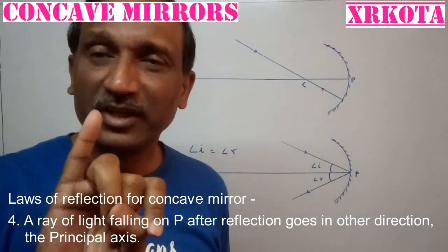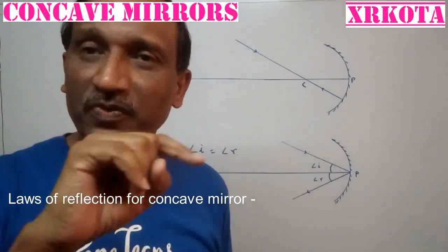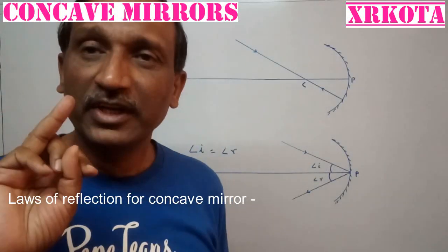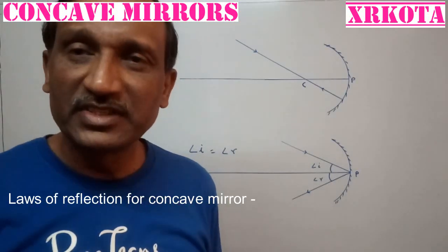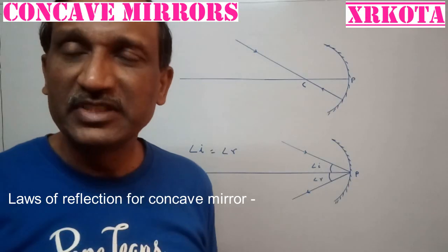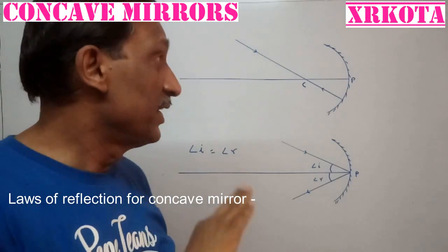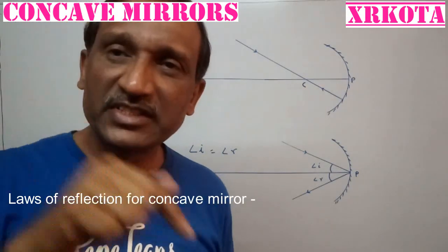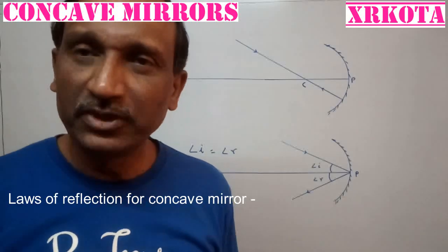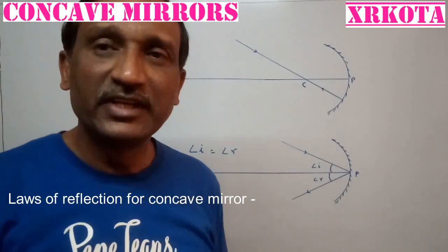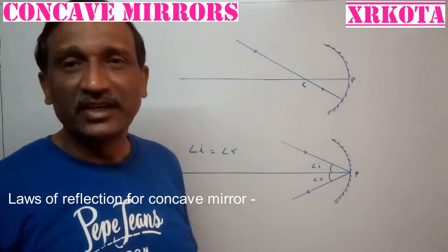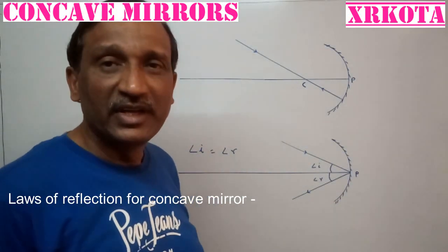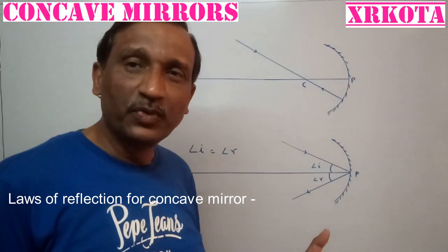A ray running parallel to the principal axis will always pass through F after reflection. A ray which is passing through F after reflection will also always come parallel to the principal axis. The third one is saying that a ray which is passing through C after reflection comes back to C. And the fourth one is that whenever a ray falls on P, it will reflect back in the other direction of the principal axis forming an equal angle.